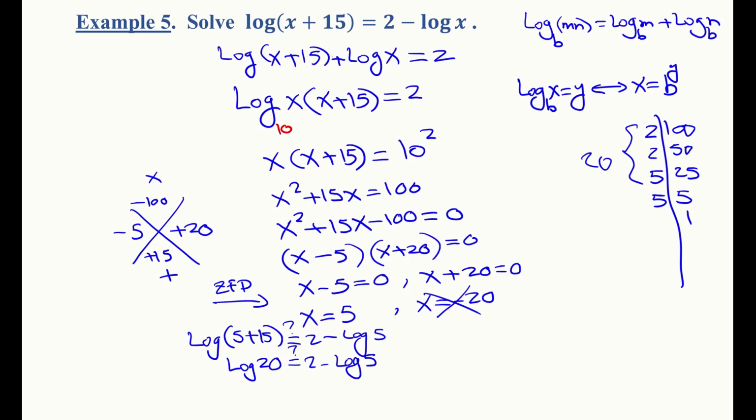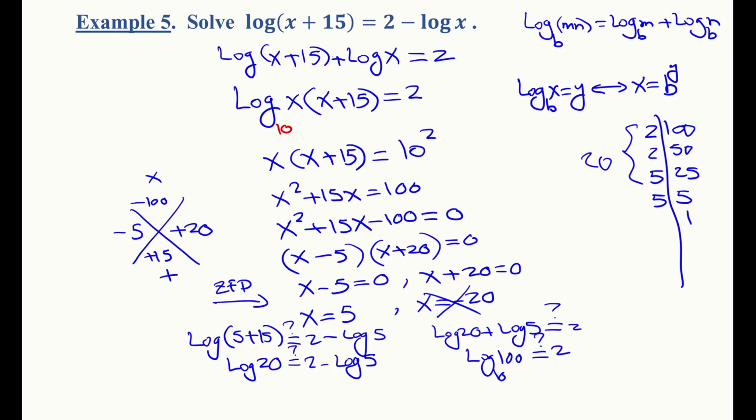As long as this equation here remains true, we can go ahead and move that to the other side. So we get log base 10 of 20 plus log base 10 of 5. We want to make sure that's 2. So of course, using the product rule, we get log of 100, 20 times 5, and we're checking to see if that's 2.